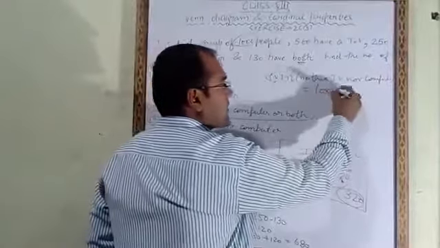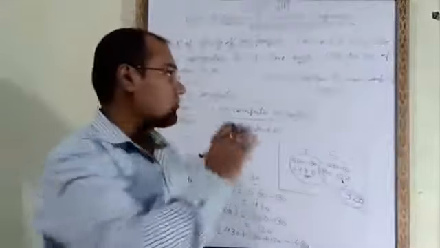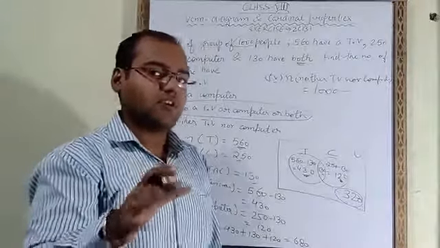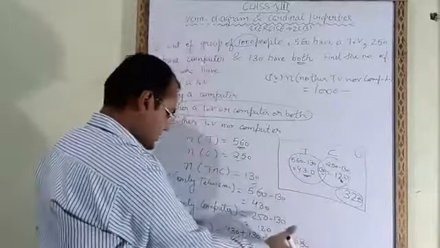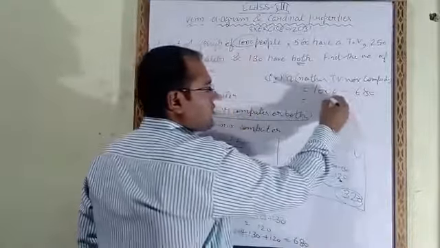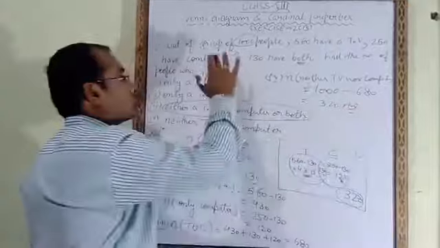The total number of persons is 1000. Out of these 1000 persons we will remove those persons who are having television or computer or both, that means 680. When we remove 680 persons out of these 1000, we get the answer 320. So like this you have to do such questions.